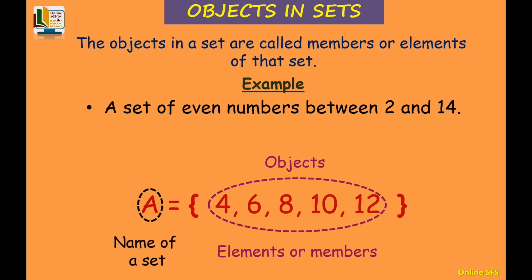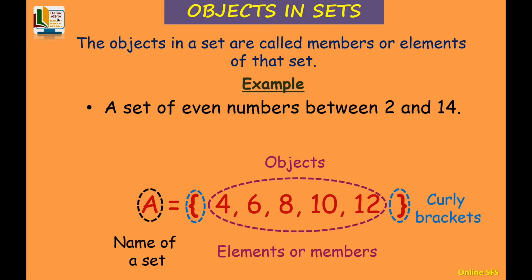Here A is the name of the set, and you must also remember that a set always has its members or elements enclosed within curly brackets. Therefore, whenever we want to write the elements of a set, we have to enclose them all in curly brackets to represent them as a set.